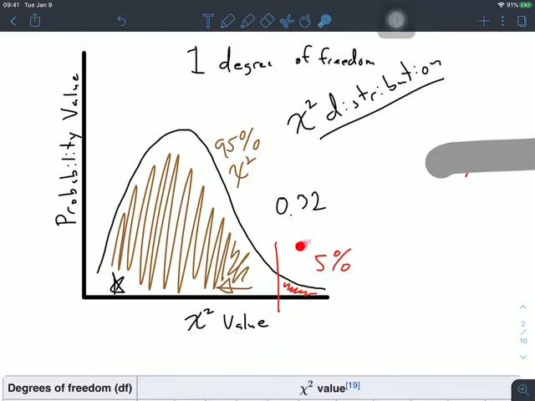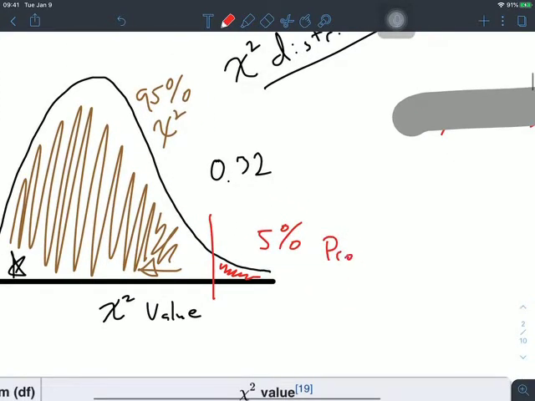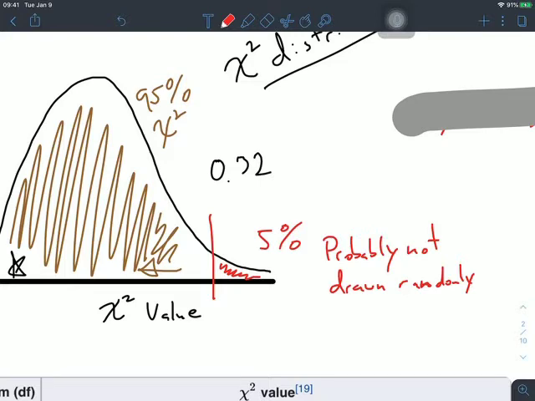And if you land in this tail, that means that you are probably not drawn randomly from that distribution, and therefore we should reject the null. And in this case, that null being that those loci are unlinked.